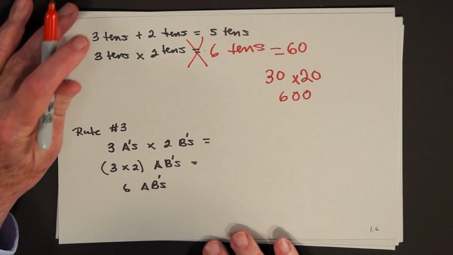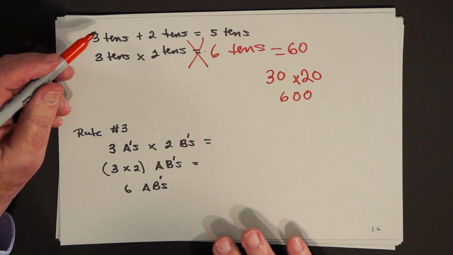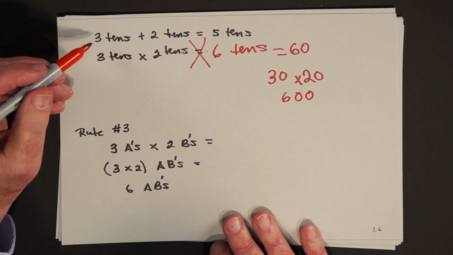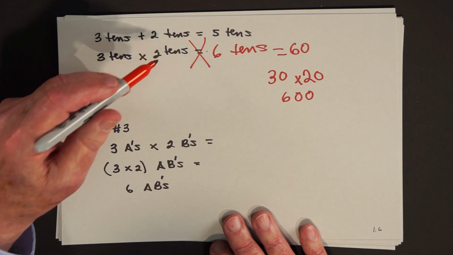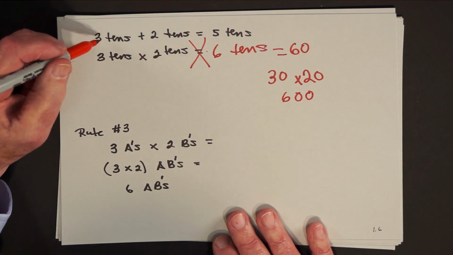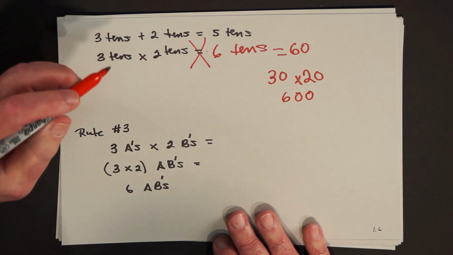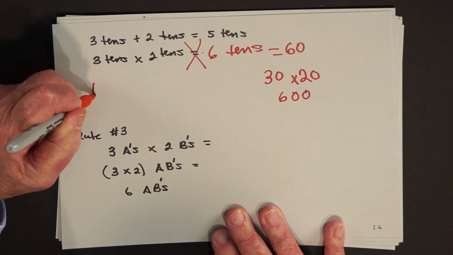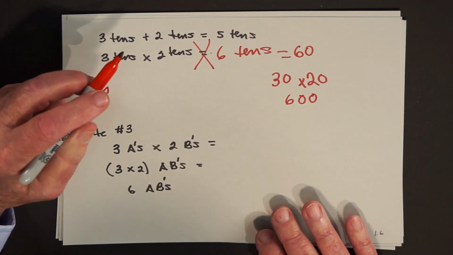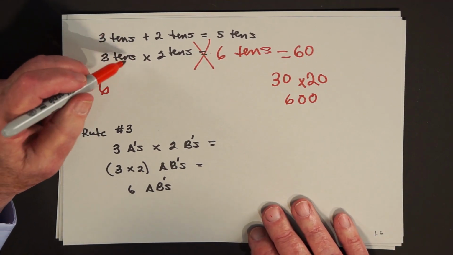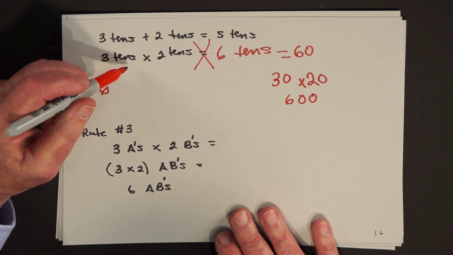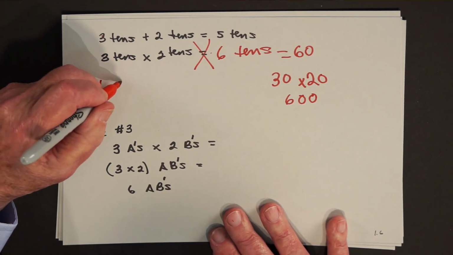And this leads to a very strange rule. It sounds strange, but it really isn't. When you multiply 2 quantities, you multiply the 2 adjectives, the 3 and the 2, in this case giving me 6. And here's the tricky part. You also multiply the 2 nouns. And the way you multiply 2 nouns is you write them side by side.